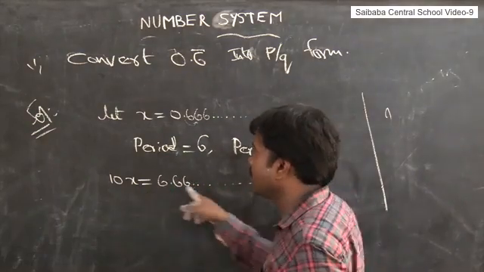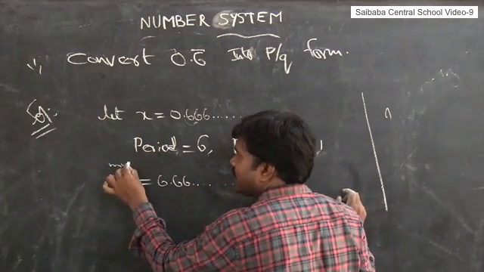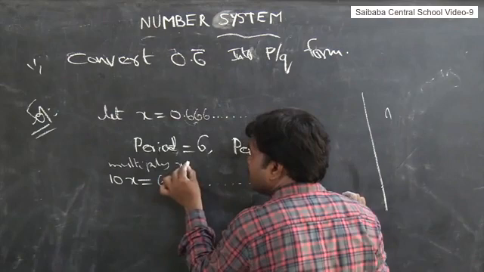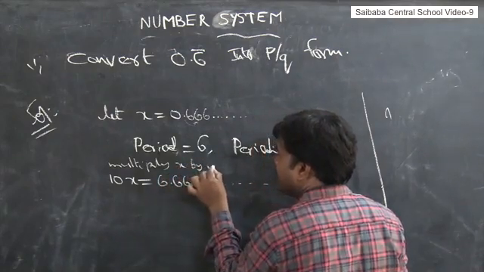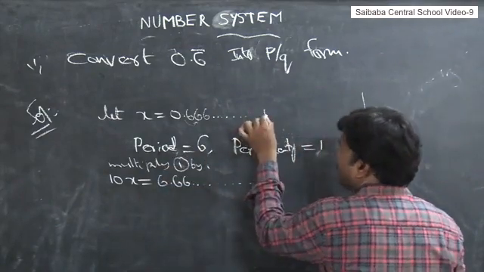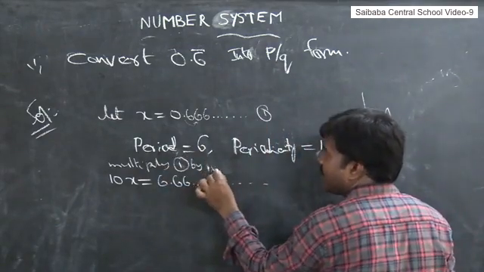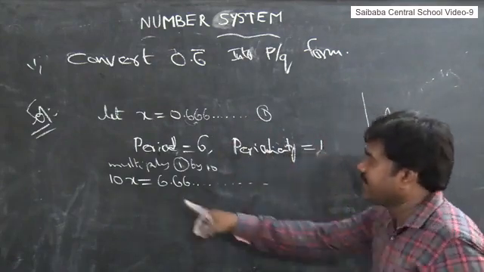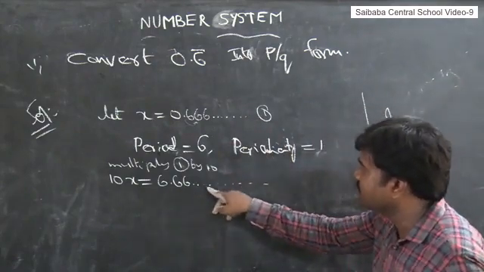How do you get this? Multiply x by 10. 10x is equal to 6.6666 and so on.